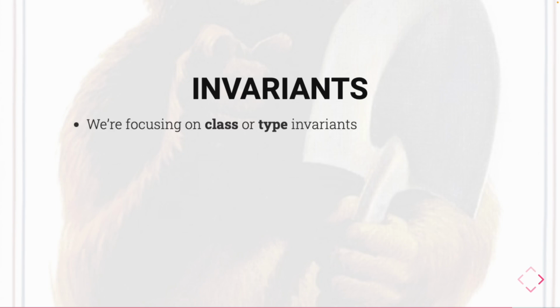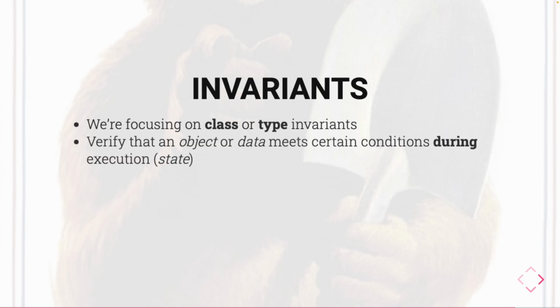More specifically, they should be true for a specific class or type throughout the life of the program. So you're verifying that the object or data meets certain conditions throughout execution.